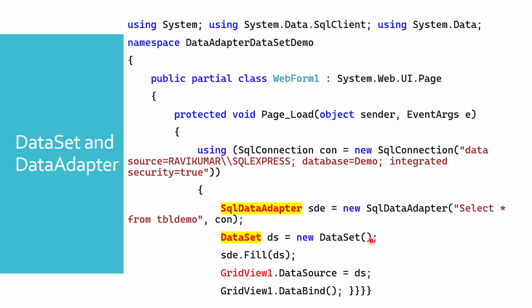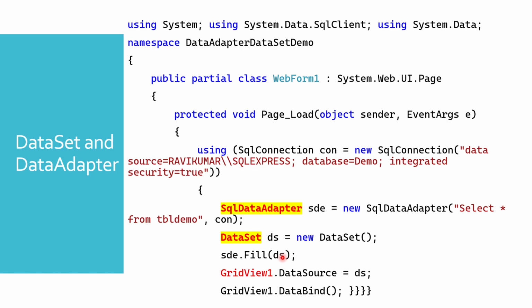What happens is that we can fetch the records without connecting to the database. For the first time, we need to establish the connection with the database. Now the data adapter will fetch all the records and fill the data set with the data. The data will be stored in the data set, which is a kind of inbuilt memory. It will get stored on our local machine as a data set.